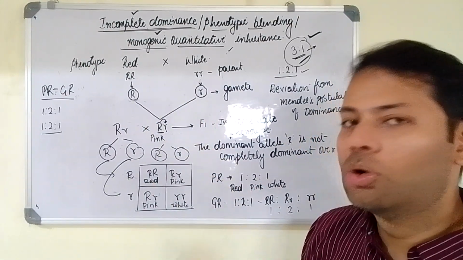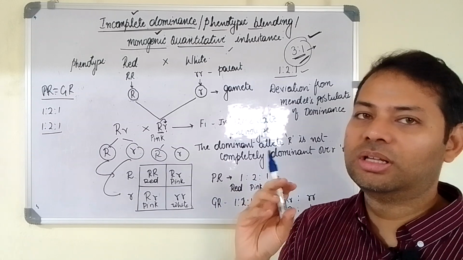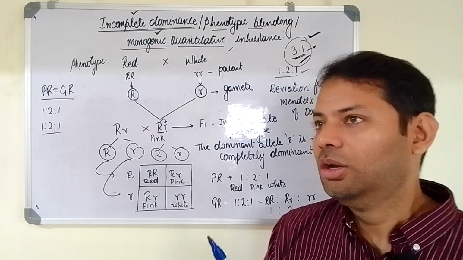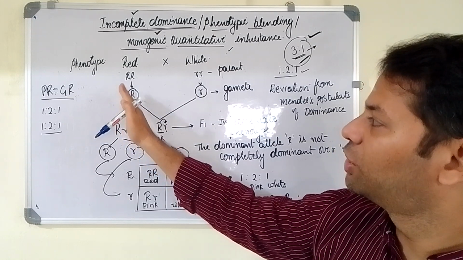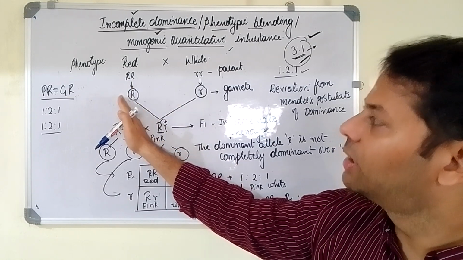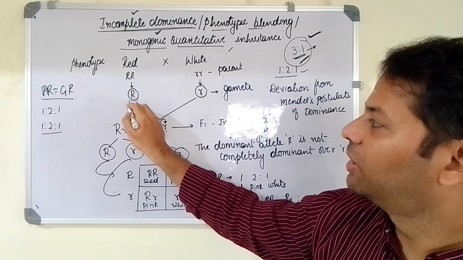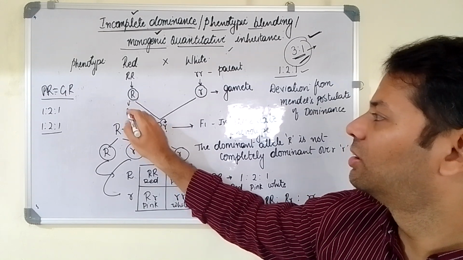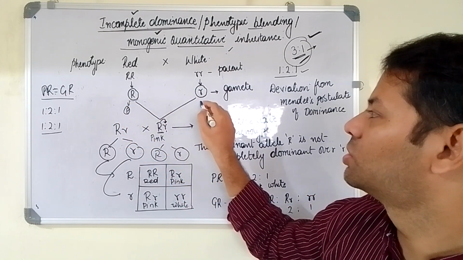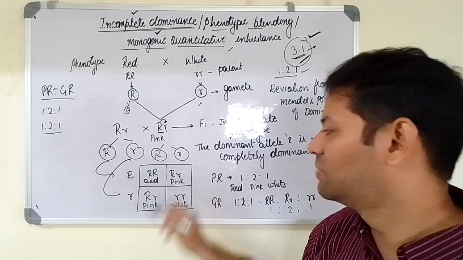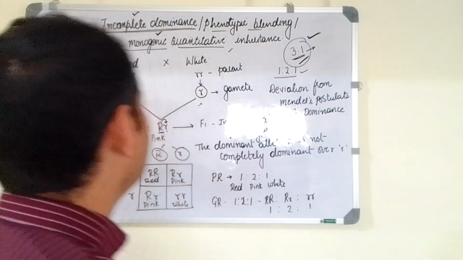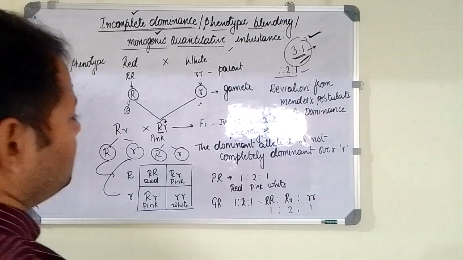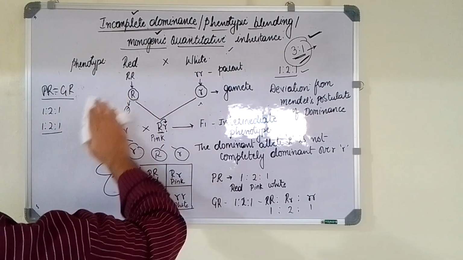Okay, but we know that it is not phenotypic blending, because it is a quantitative trait. Capital R is producing some amount of protein and small r is not producing any amount of protein, so that's the reason we are getting the intermediate phenotype. Okay, so we will see one more example which is given in the NCERT about this incomplete dominance.